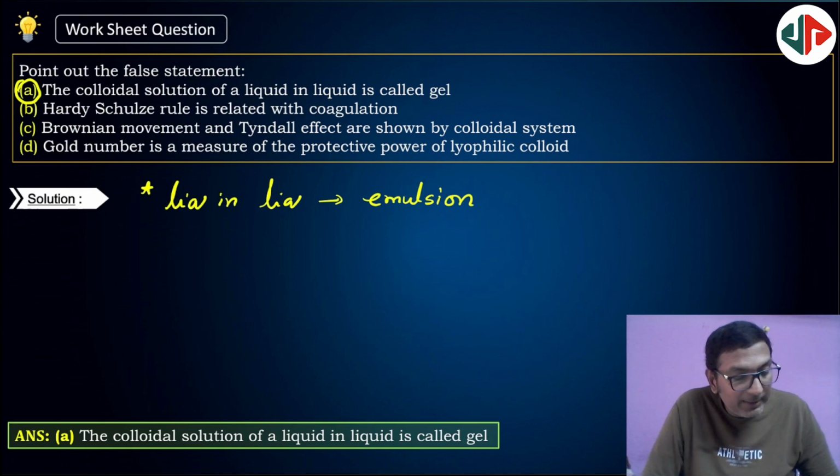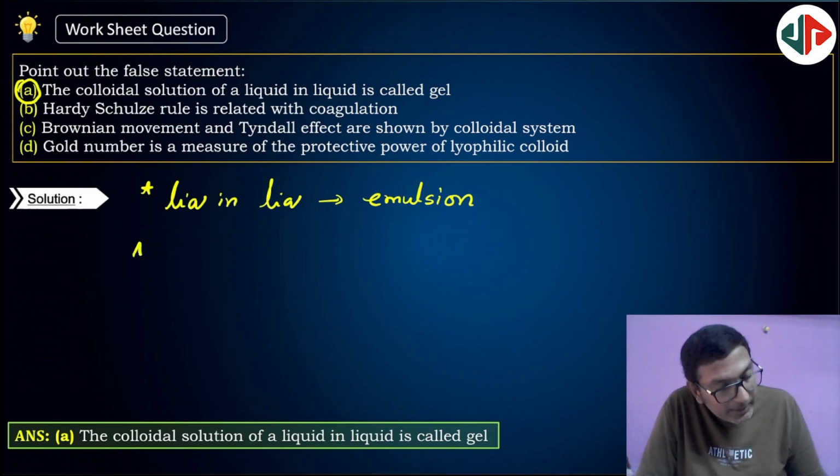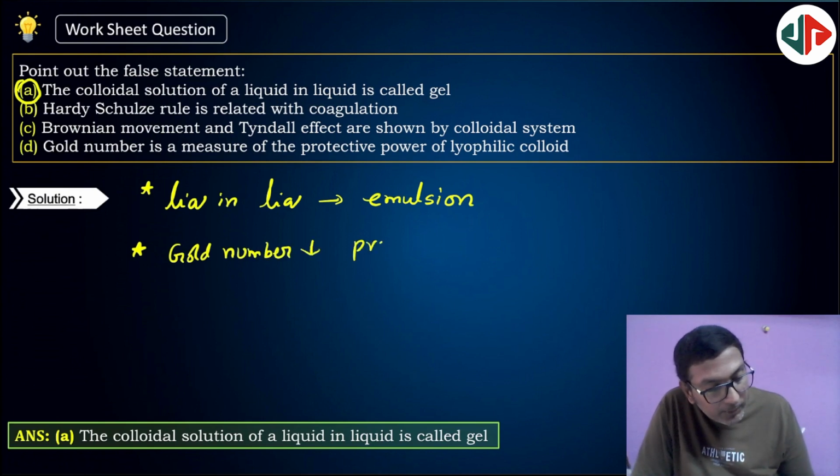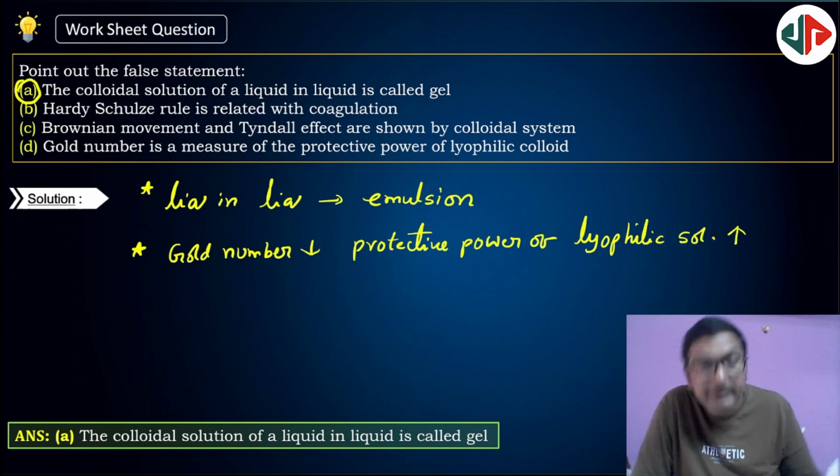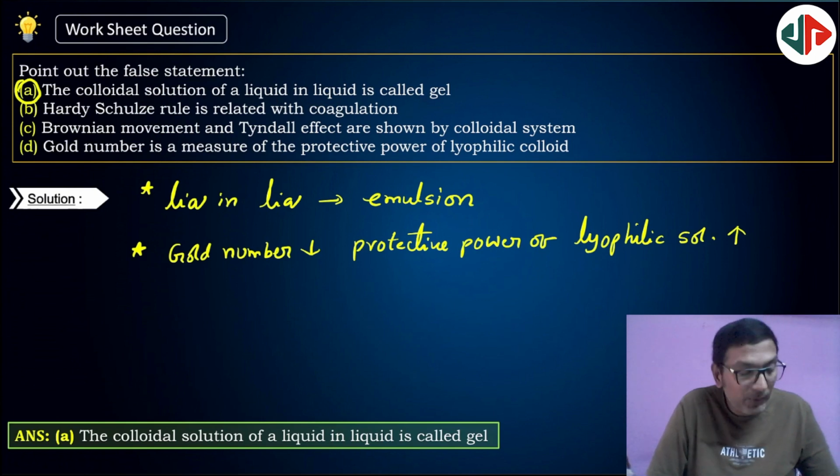Brownian movement and Tyndall effect are shown by colloidal systems, that is also correct. Gold number is a measure of protecting power. As the gold number value decreases, the protective power of lyophilic sol increases. Remember this: gold number and protective power are inversely proportional.